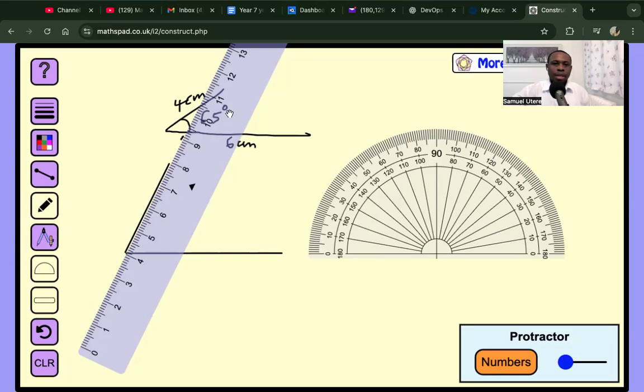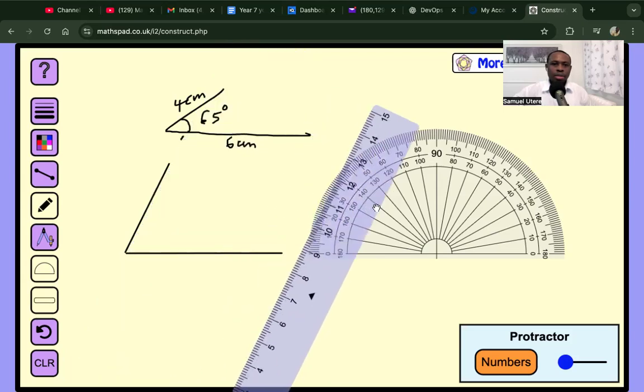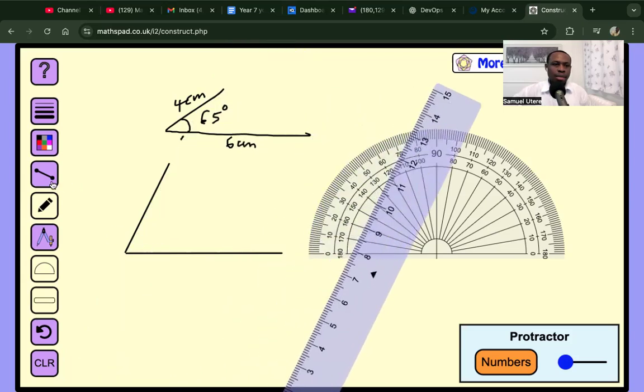Now, the next thing we're going to do is use a line segment or just use a ruler to close the triangle. And so there you have it, you have completed your triangle. Next, make sure you label the sides and the angles. So that's 4 centimeters and that's 6 centimeters. This is what you should get if you have done yours properly.